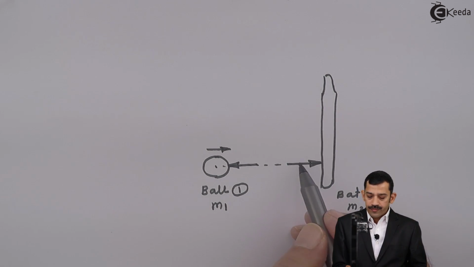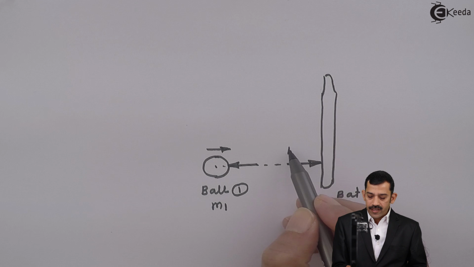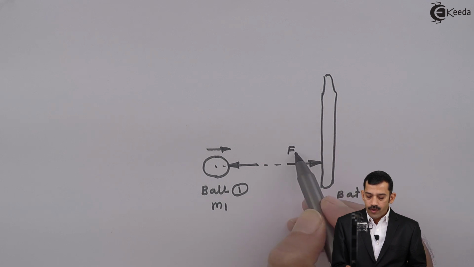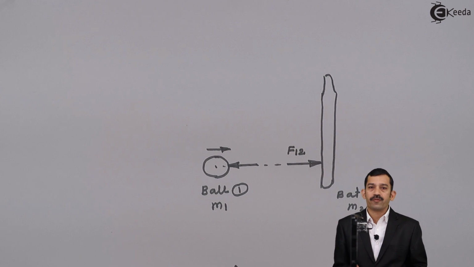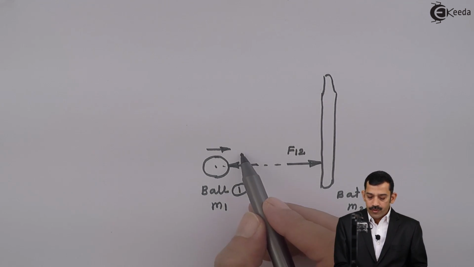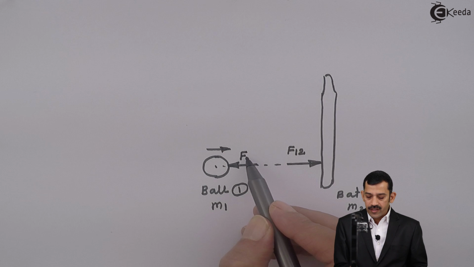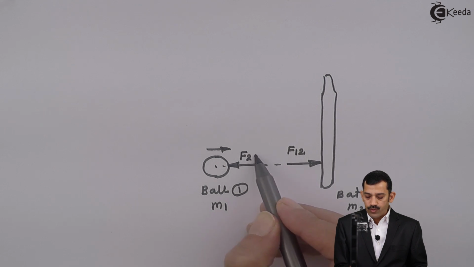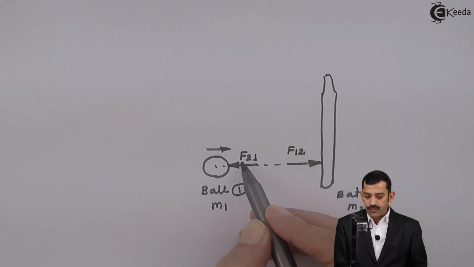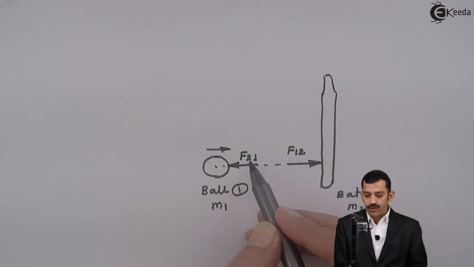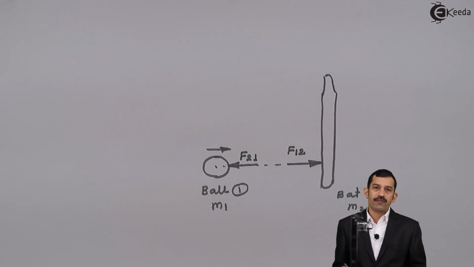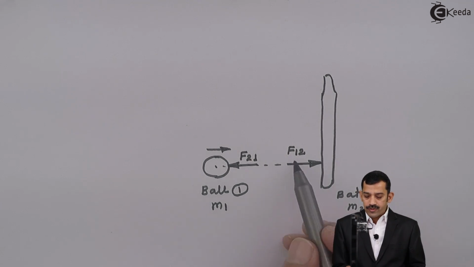As this force which acts on the bat is exerted by the ball, body 1 on body 2, that means the bat, it is F12. Similarly, the force we get here is F21, meaning the force exerted by body 2 on body 1, that is, the force exerted by the bat on the ball.